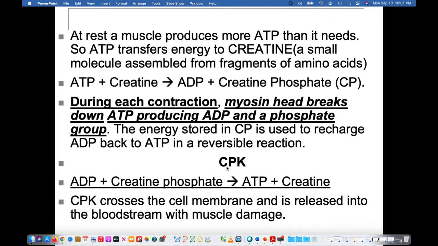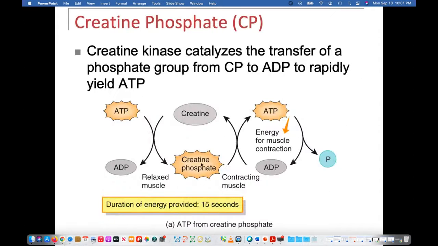They measure CPK also if heart muscles are damaged, like in a heart attack. Those enzymes can be high. So here's creatine, and here creatine is joining with ATP. And when these two join, ATP loses a phosphate, becomes ADP, and creatine picks it up, and you get creatine phosphate.